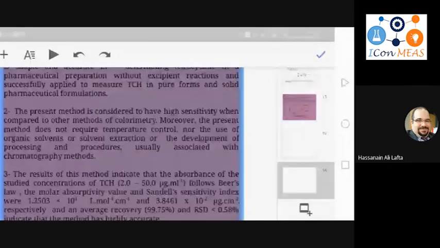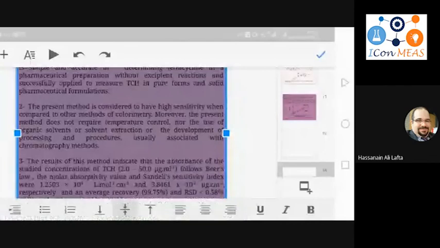The present method is considered to have high sensitivity when compared to other colorimetric methods. Moreover, the present method does not require temperature control, nor the use of organic solvents or solvent extraction, or the development of processing and procedures usually associated with chromatography methods.